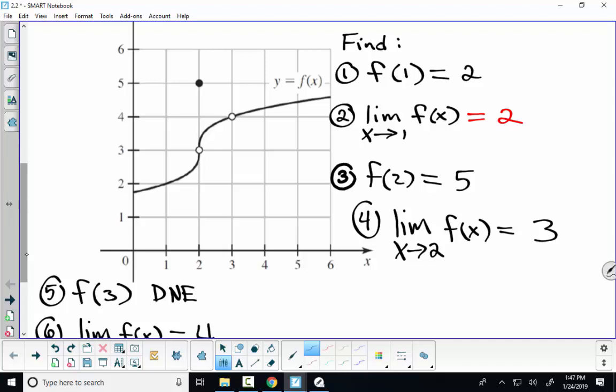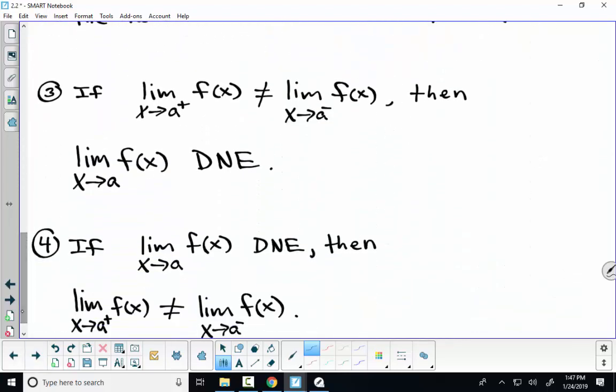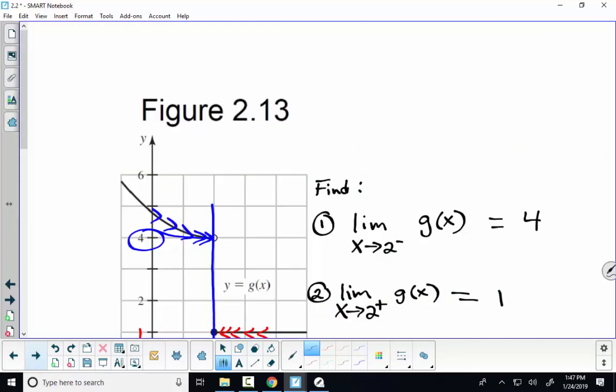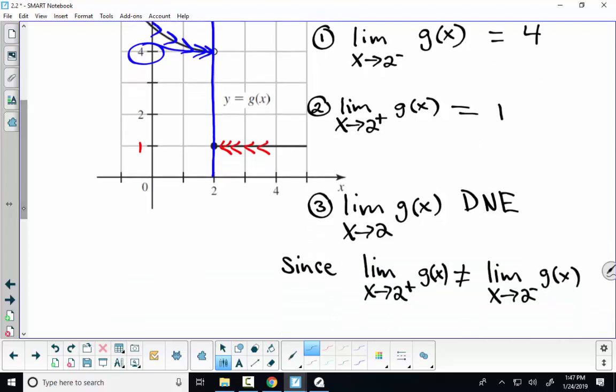The difference here with that last example is the nature of the jump, or the gap in between here. So yeah, that doesn't exist, and when we approach infinity, it doesn't exist. Any other questions?